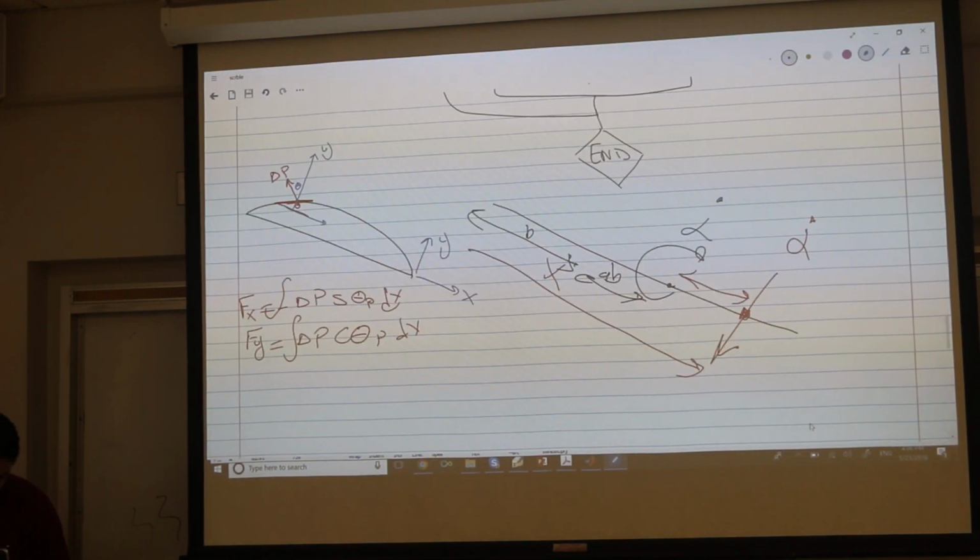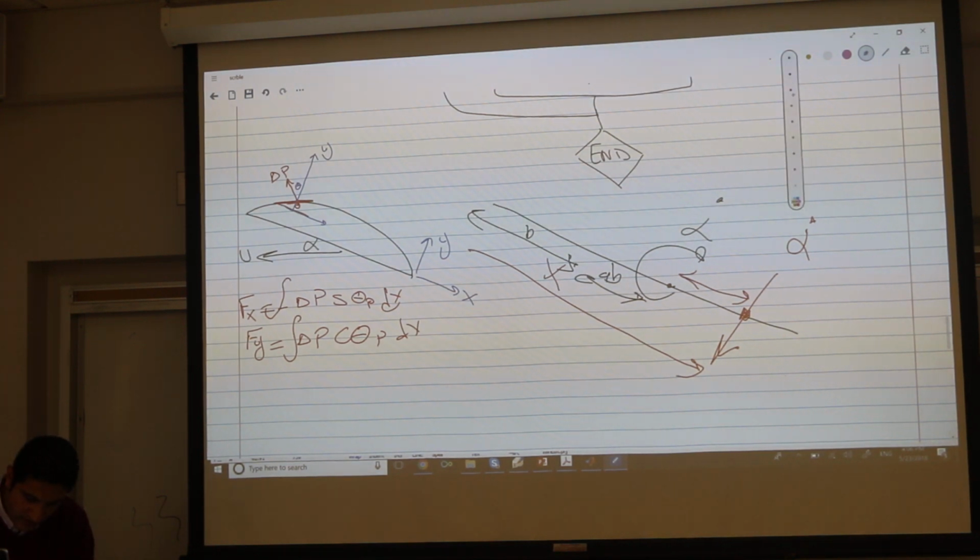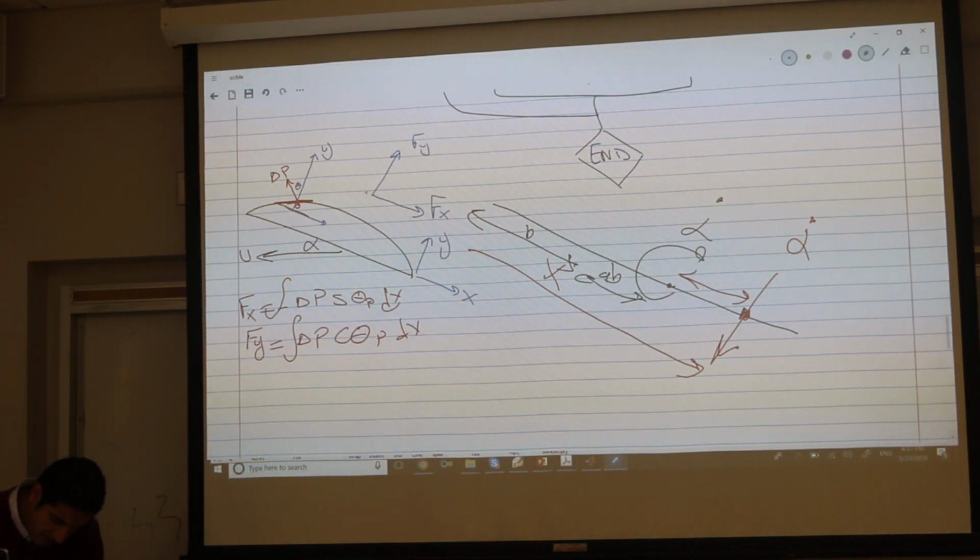So now I have, this is my u infinity, this is alpha, I have fx and fy. The lift is defined perpendicular to the free stream. So this is alpha. So my lift is fy cosine alpha minus fx sine alpha.